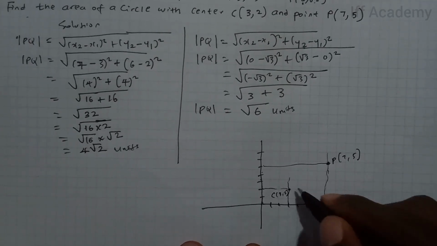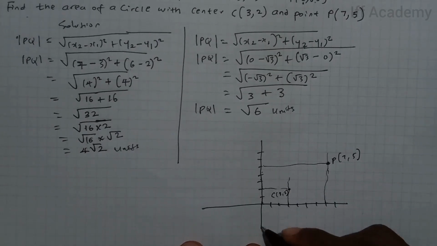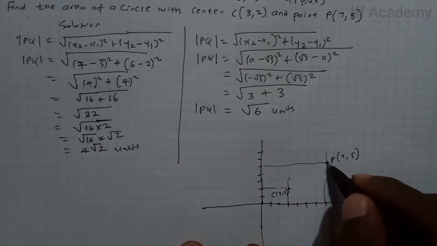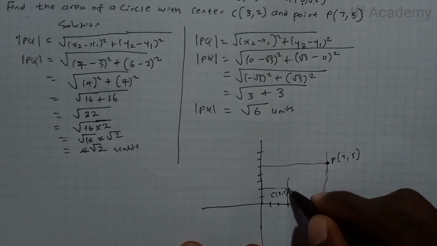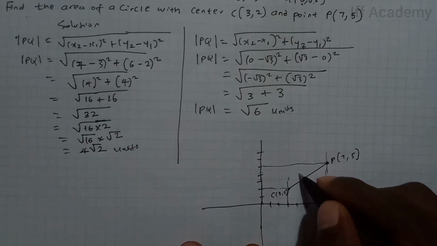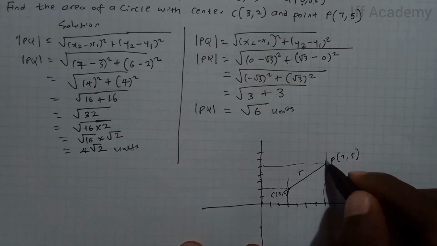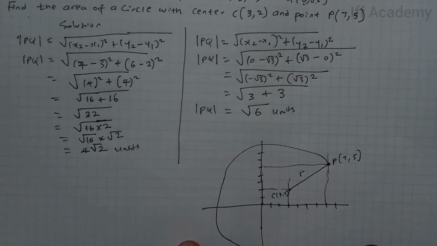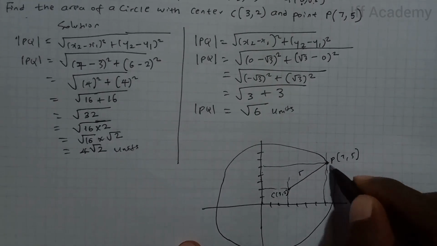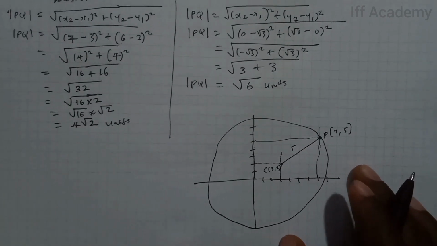Now, if I'm to draw out this circle, this point is a point on the circumference of the circle. If this is the center, the distance from the center to the point on the circumference is called what? The radius. So we could complete this circle. It's a rough diagram. It will look something like this.